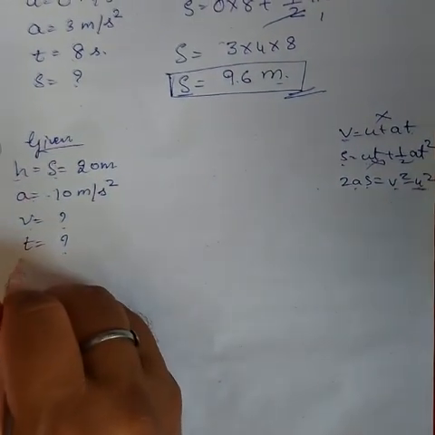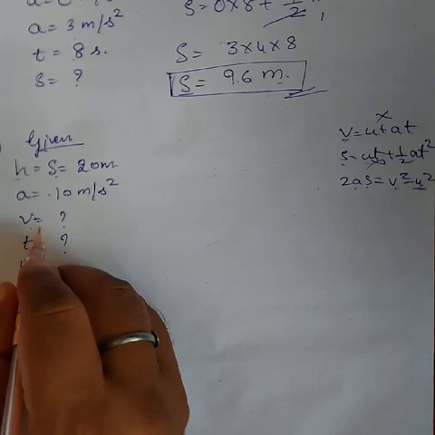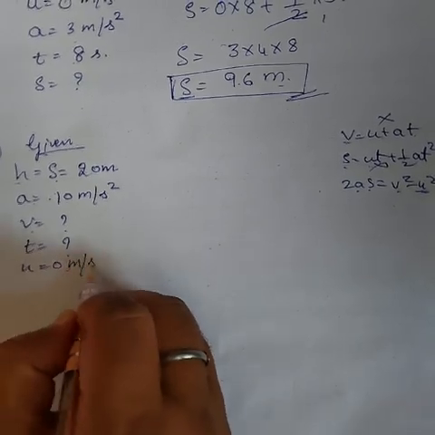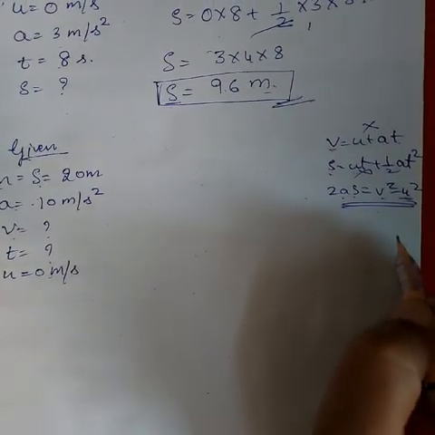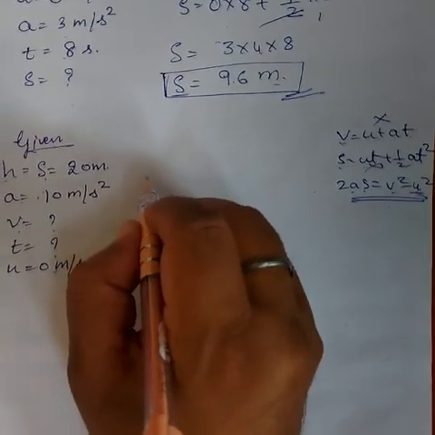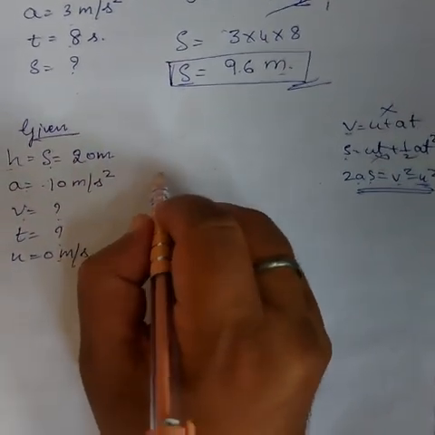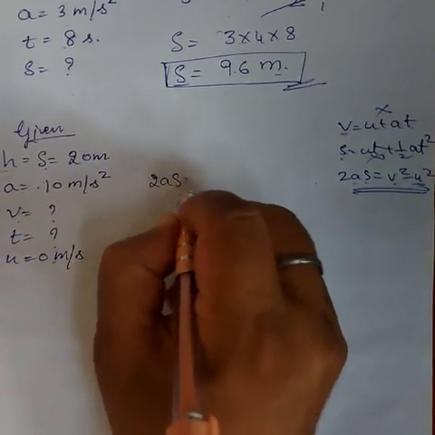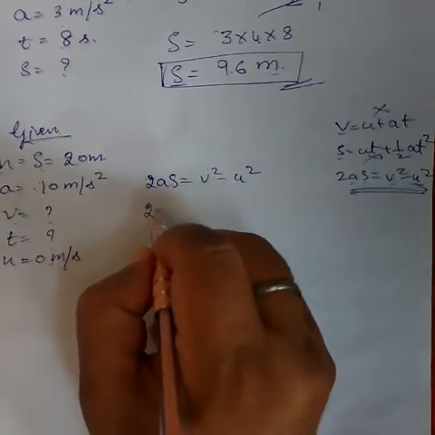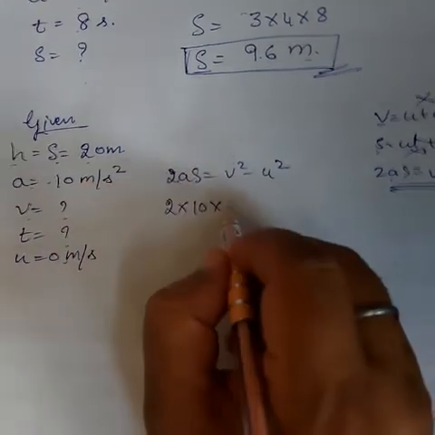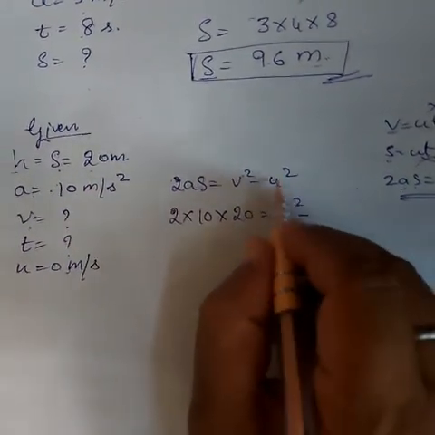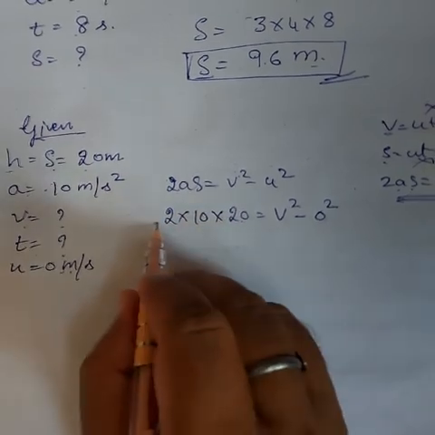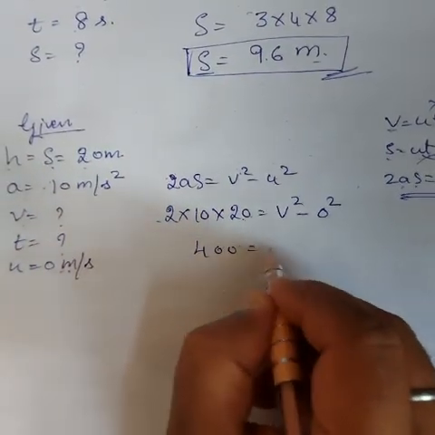Here a is given, s is given, and u is 0. So we find v by this formula: 2as is equal to v square minus u square. 2 into a value 10, s value 20, equals v square minus 0 square. 2 2s are 4, 40 into 10, that is 400, is equal to v square.